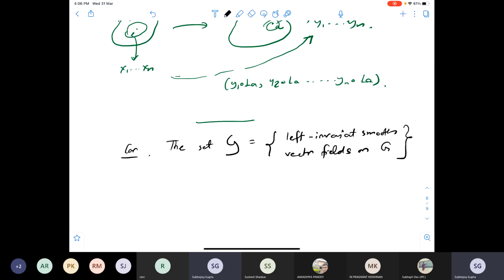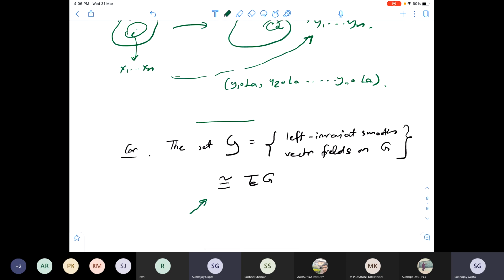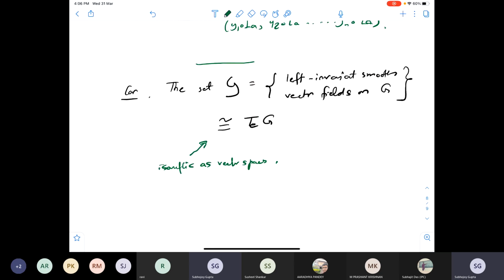and G is always a Lie group for us from what we know, is the same as a vector space to the tangent space at the identity. So this is isomorphic as vector spaces. And what is this isomorphism? Well, it's what I just described, right?